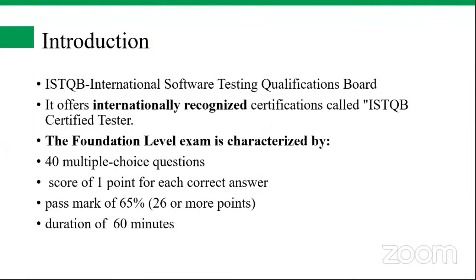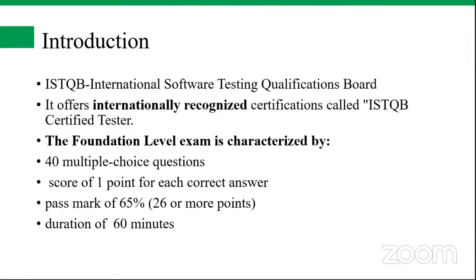Before we go into the session, let me give you a brief introduction of what this ISTQB is all about. As you all know, ISTQB stands for International Software Testing Qualification Board. The basic foundation level exam is characterized by the following. You have 40 questions, and each of these questions will give you 1 mark.